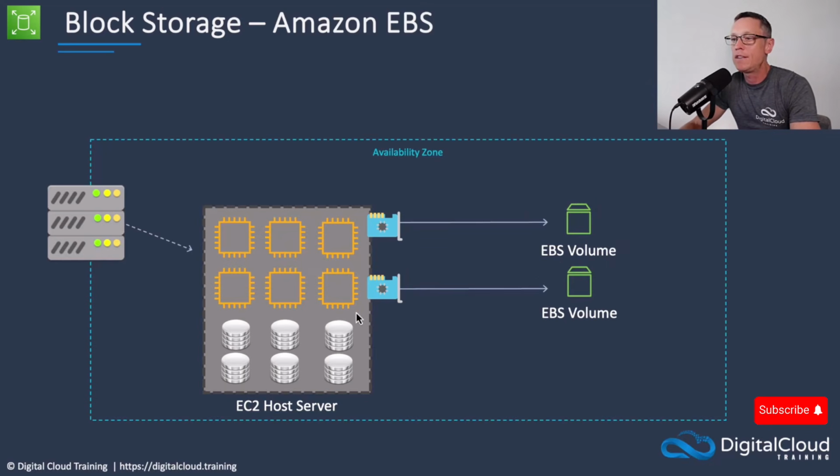If you're wondering what these icons are in the host server here, these represent instance store volumes, which are another type of block-based storage that is physically attached in the host server itself and very, very high performance. With the EBS volumes, they're also high performance. So you can actually tailor the performance you need based on the settings that you define when you create the volume. And the underlying systems are hard disk drives or solid state drives for EBS volumes.